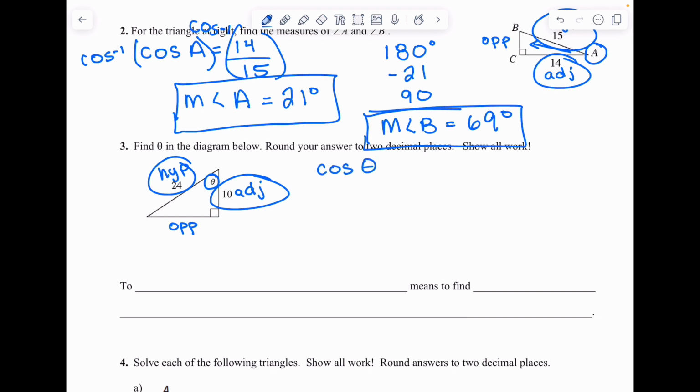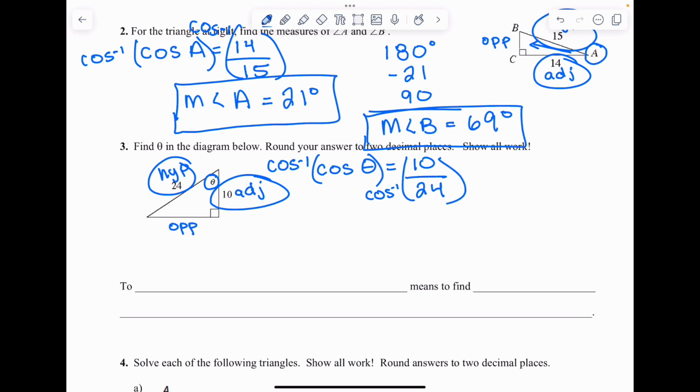So cosine of theta. Theta is typically used when we're missing angles. Is equal to adjacent over hypotenuse. So 10 over 24. And I need to inverse cosine both sides. And theta would be equal to 65.38 degrees.